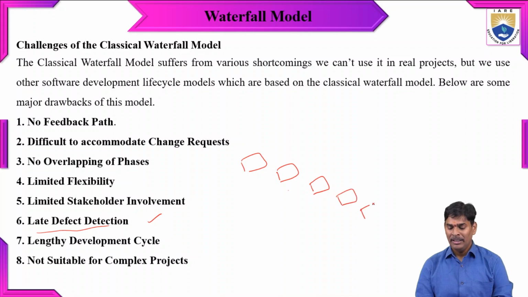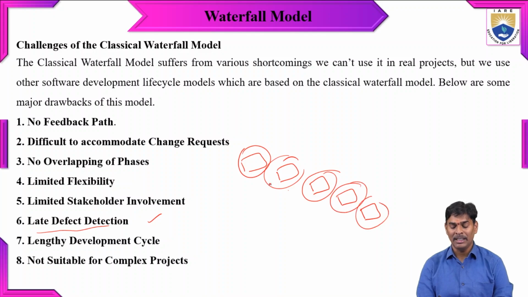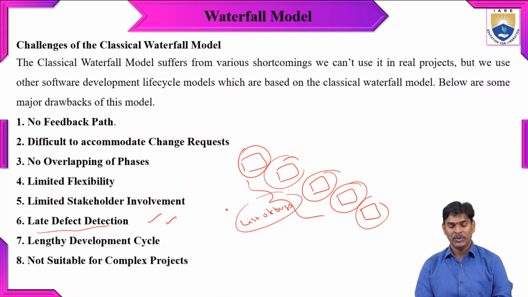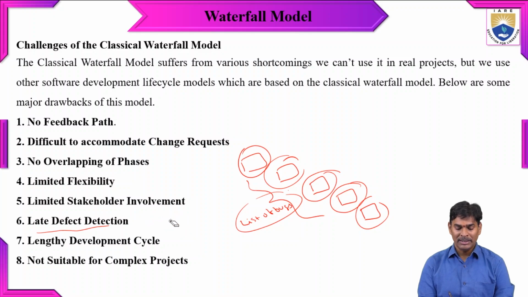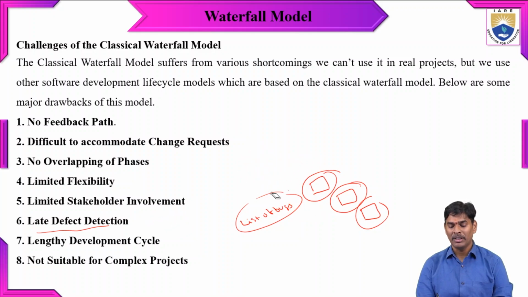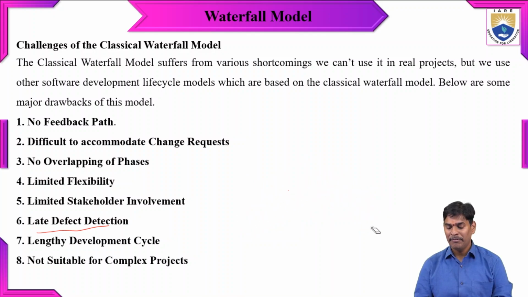In each and every phase, if any bugs or errors occur, they are not identified during those phases. Only after completion of all the phases are they going to identify the list of errors or bugs that happened during the software project. So this is the main problem in the waterfall model. It means only after completion of the task or the phases do they identify the different types of errors or bugs that happened in each and every phase.